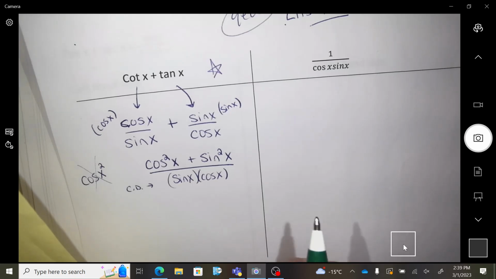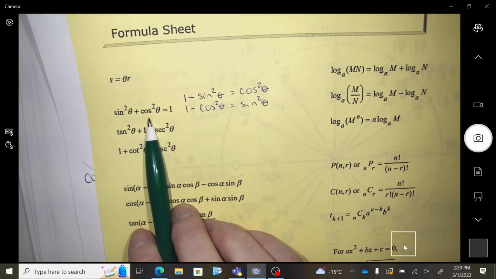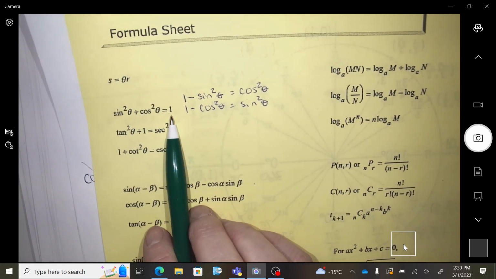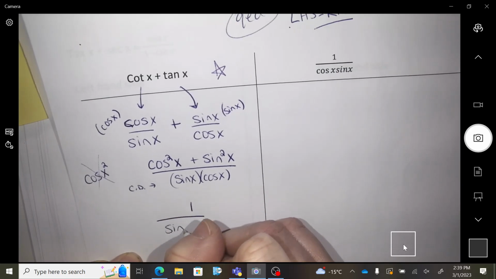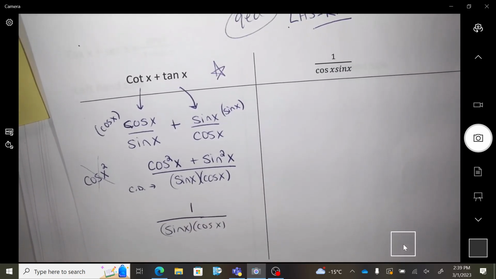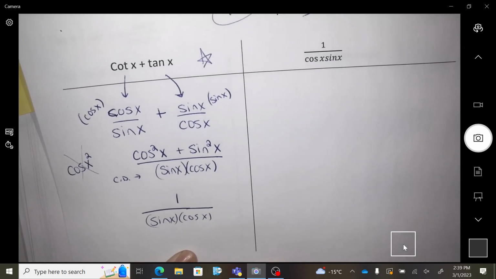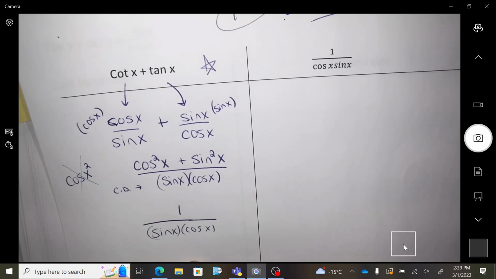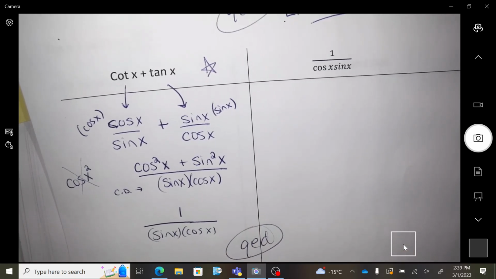Do you see what it is? If you add cos squared plus sine squared, you get a 1. So I can put a 1 as a substitution at the very top. And we're done. We matched it.